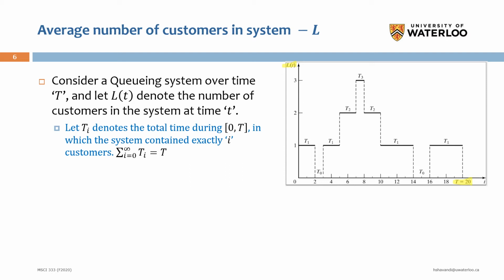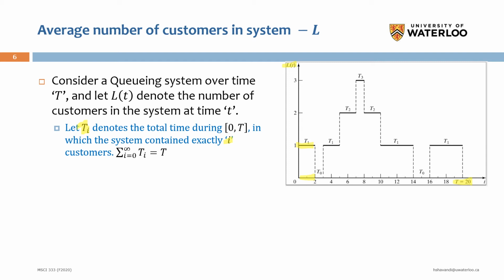Here, for example, we have one customer for T1 for 2 minutes. So Ti is denoted by the length of time that we have i customers in the system.